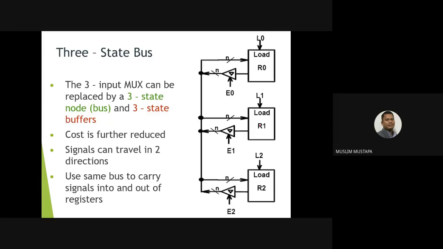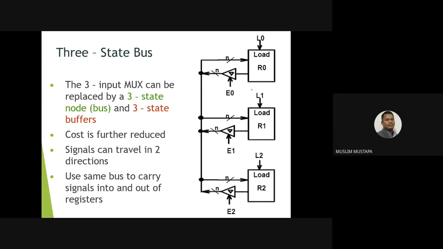Normally in modern design, they use the 3-state bus. I think this has the advantage of being the most efficient design, because it uses less circuitry, or fewer gates, compared to the mux design.